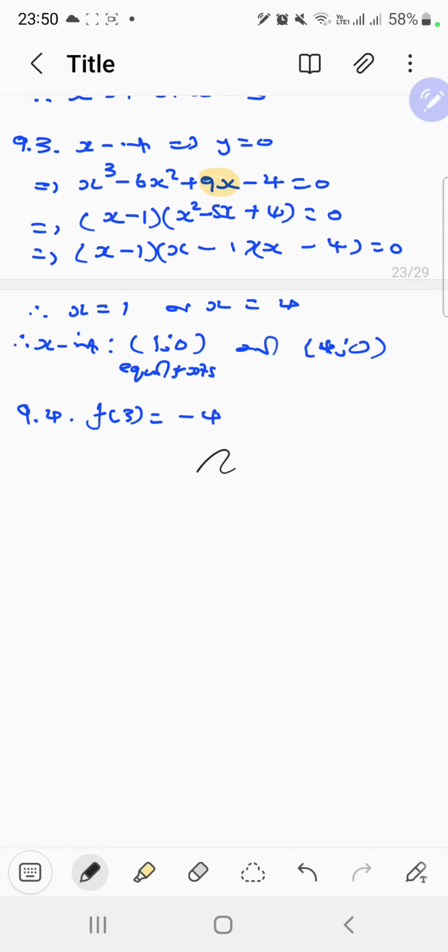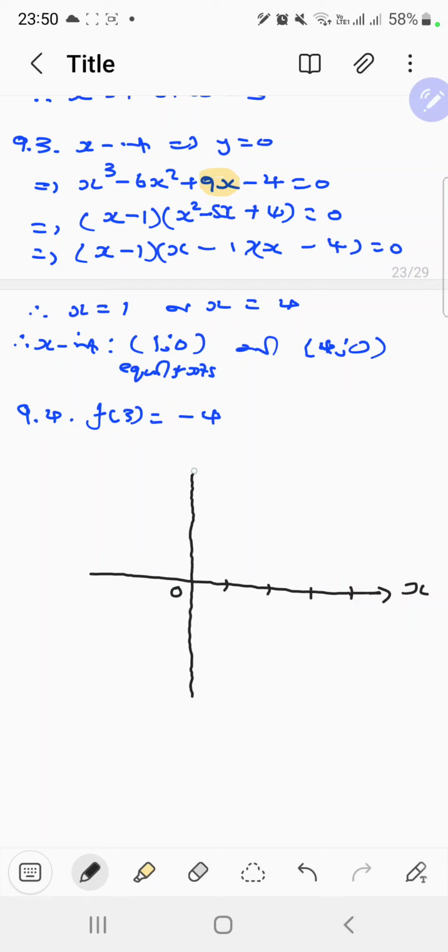So we know that our sketch is going to be something like this. So our x coordinate is 1, 2, 3, 4. Okay, let's just expand it just a little. This is 0. This is the y-axis. And then, of course, we know that the y-intercept is at minus 4.